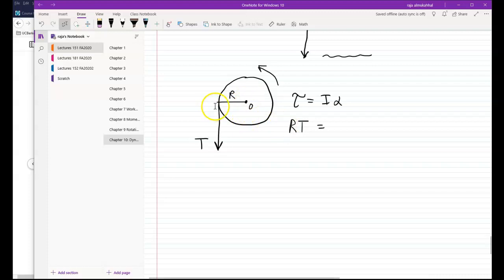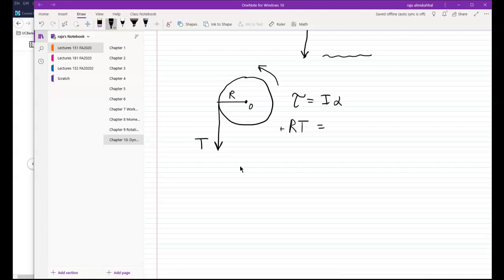So the only force there really is, is the weight from the bucket pulling it down like that. And then the torque is I alpha. Now make the force T go around O like that. Would that be counterclockwise or clockwise? Counterclockwise. So that makes it positive. Got it?